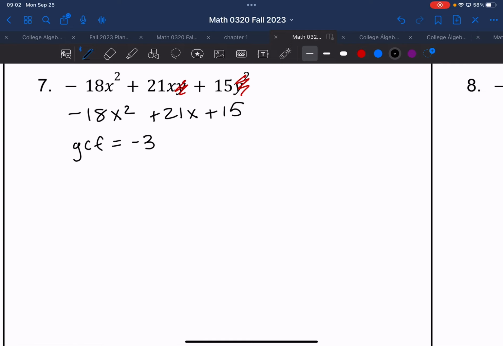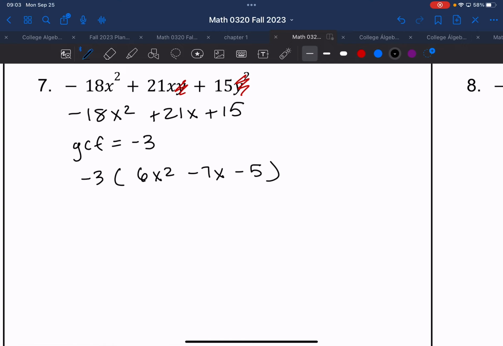So that negative right here in the beginning tells you right away that we have a GCF, even if that GCF is just going to be negative 1. We don't want a negative in that a value. So if I take out a negative 3, I'm left with 6x squared minus 7x minus 5.